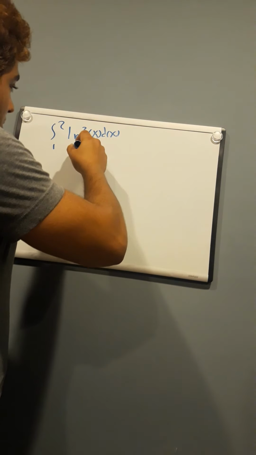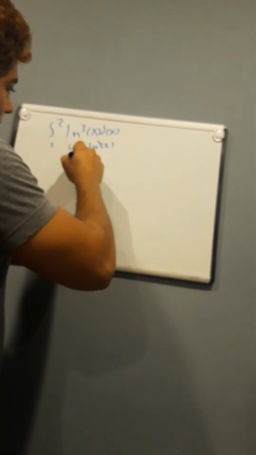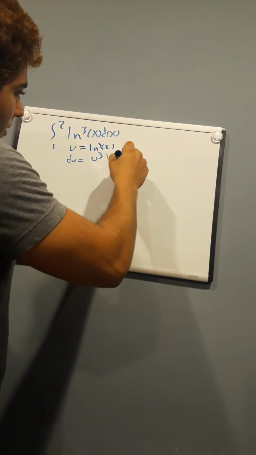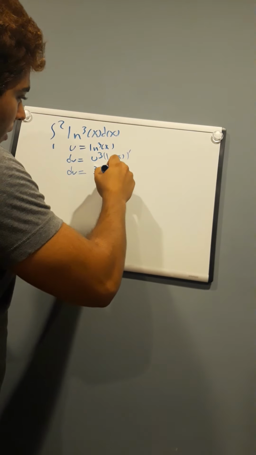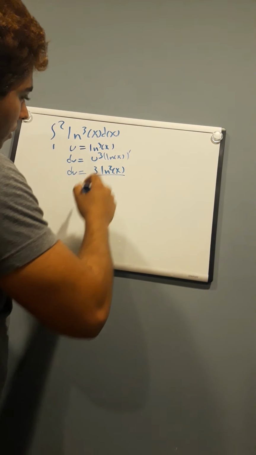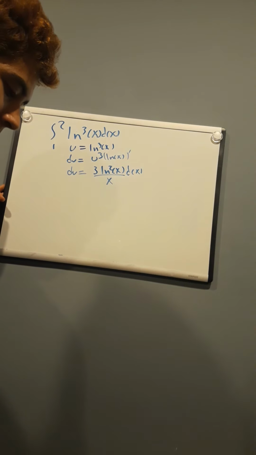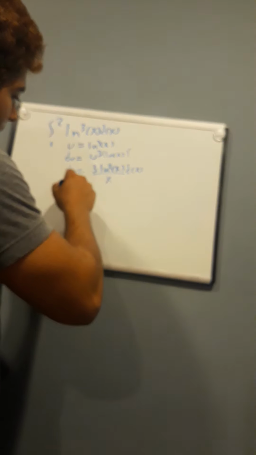So we suppose u is equal to ln cubed x. Then du is equal to 3 ln squared x all over x dx. Does that make sense? And then now we have dv is equal to 1, so v is equal to x.